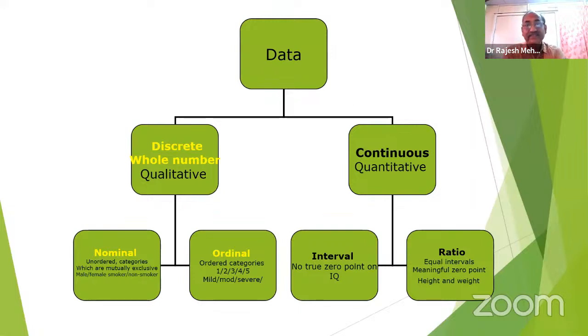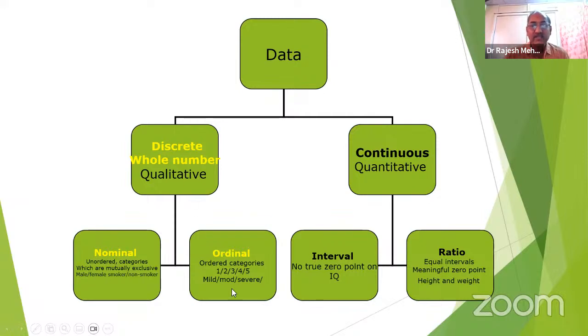Now we'll end with this slide and then go for a few question answers. Try to do your research study in such a way that you have the qualitative data also, like gender, smoker or non-smoker, white or black, or class 1, class 2 officer. That is nominal data among the qualitative.